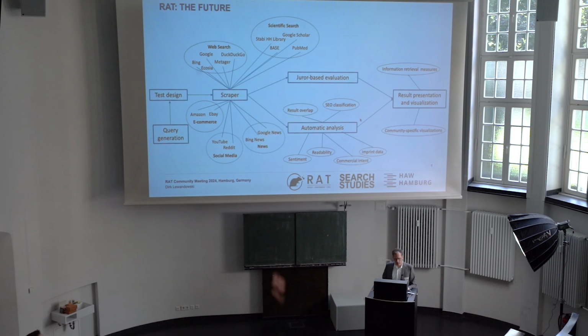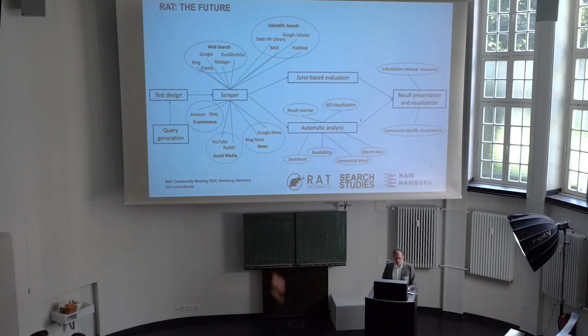This brings us to looking into the future. You can see the same diagram, and you can see what we aim to add. We want to add, of course, more search engines, more systems for scientific search, but also e-commerce like Amazon or eBay, social media like YouTube or Reddit, and news search engines like Google News or Bing News.